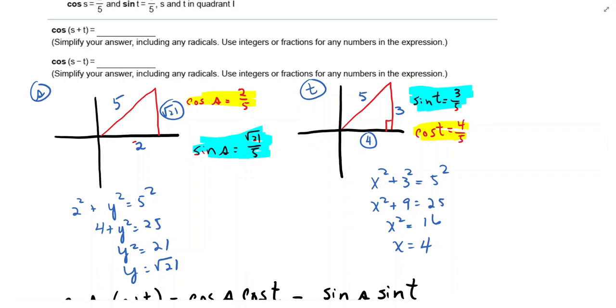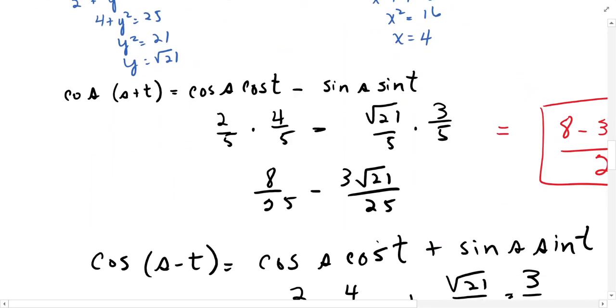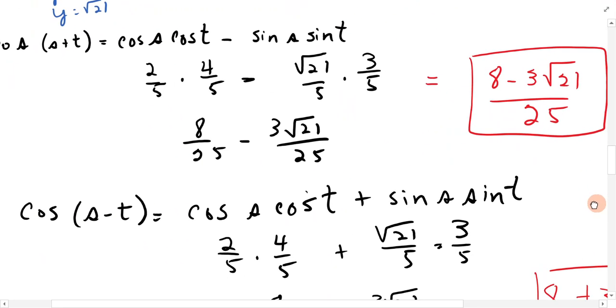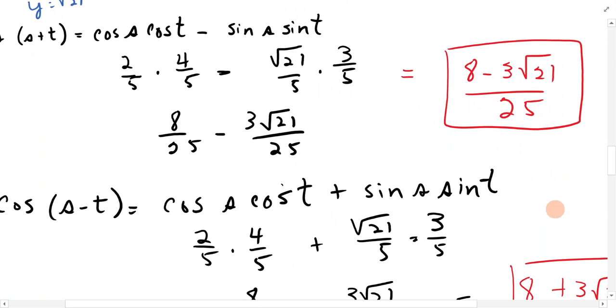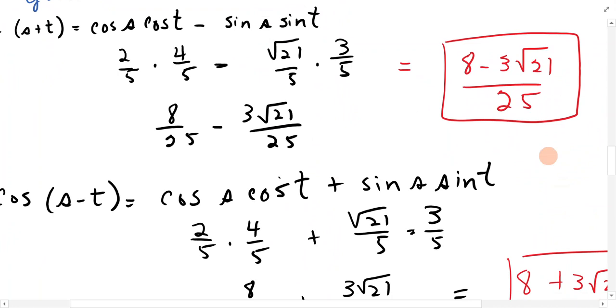Okay, so now that you've got all of those, you can just go to your formula, plug them in, 2/5 times 4/5 minus square root of 21/5 times 3/5. You end up with that, and you end up with 8 minus 3 square roots of 21 over 25. They're kind of weird answers, so don't worry about that, but that's what you should get. And then when you do the minus, remember that that's just going to change the sign in between.